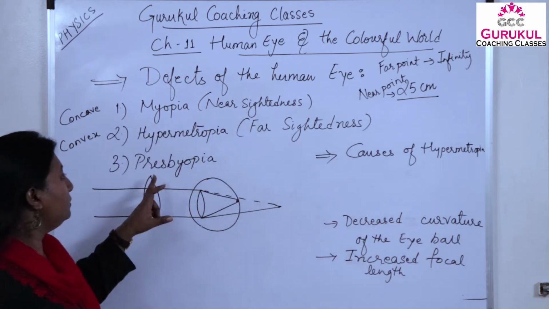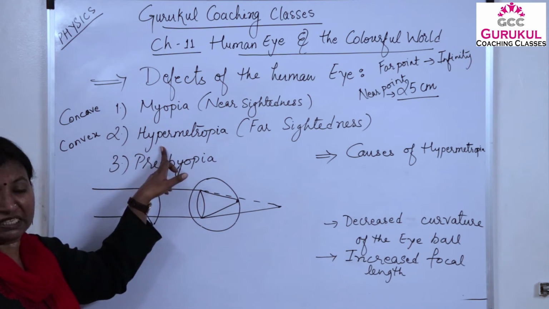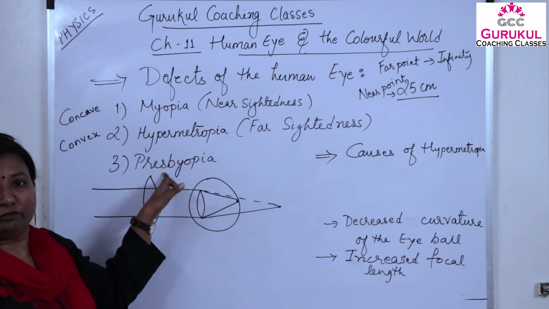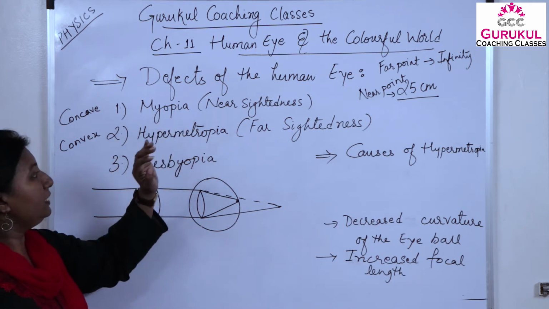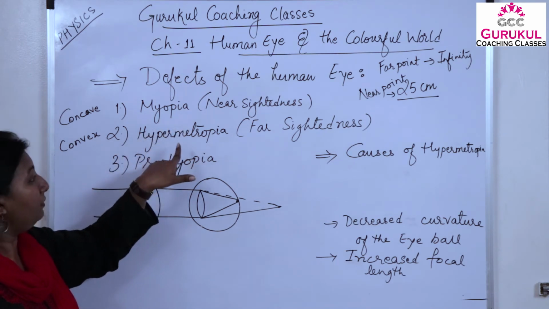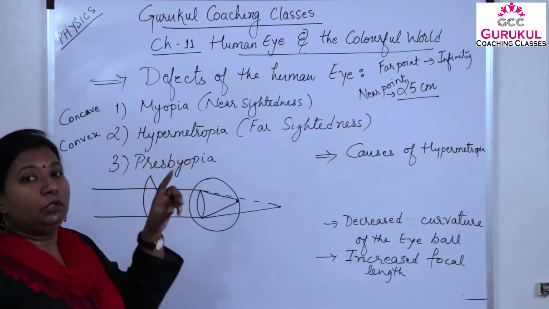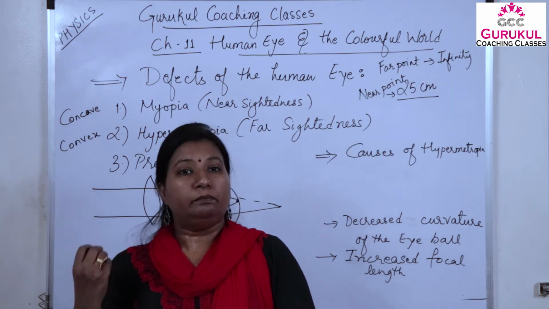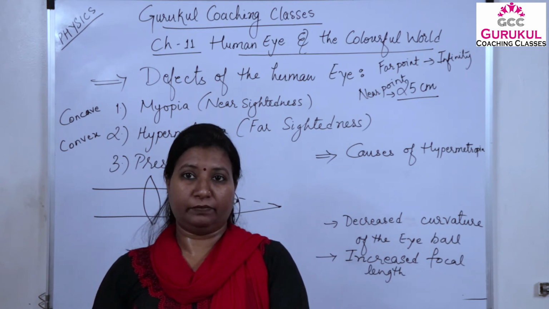In that case, the person is suffering from both myopia and hypermetropia. In old age, after 55 or 60 years, the person can't see the nearby objects and the faraway objects, meaning the person is suffering from myopia and hypermetropia both. Due to the weakening of the ciliary muscles, they can't contract and relax, right?